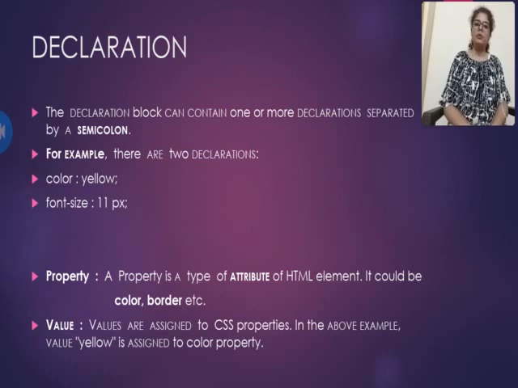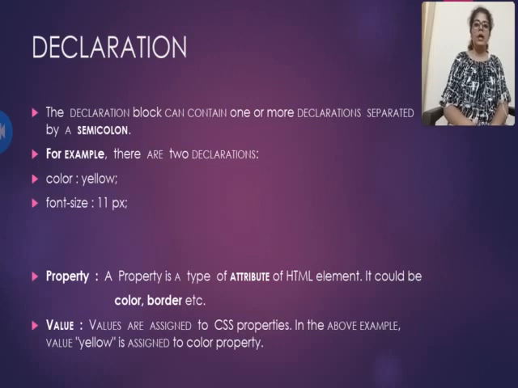Now I will explain what is color and what is yellow. This is the declaration part. Declaration part is again divided into two parts. The first part is property and the second part is value. Property means type of the attribute. It means what you want to apply on the tag which is selected by the selector.